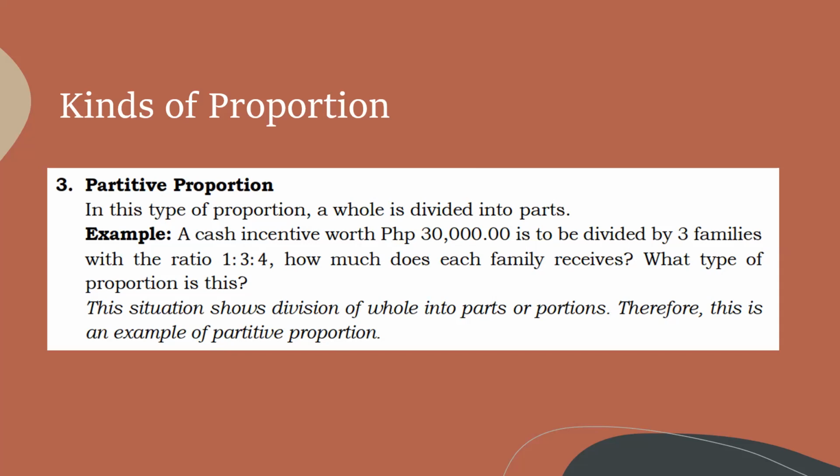Okay po. Ibig sabihin, yung 30,000, sa ilang portion mo i-divide ang 30,000? Kung 3 pamilya na may 1:3:4, i-divide mo ba siya sa 3?